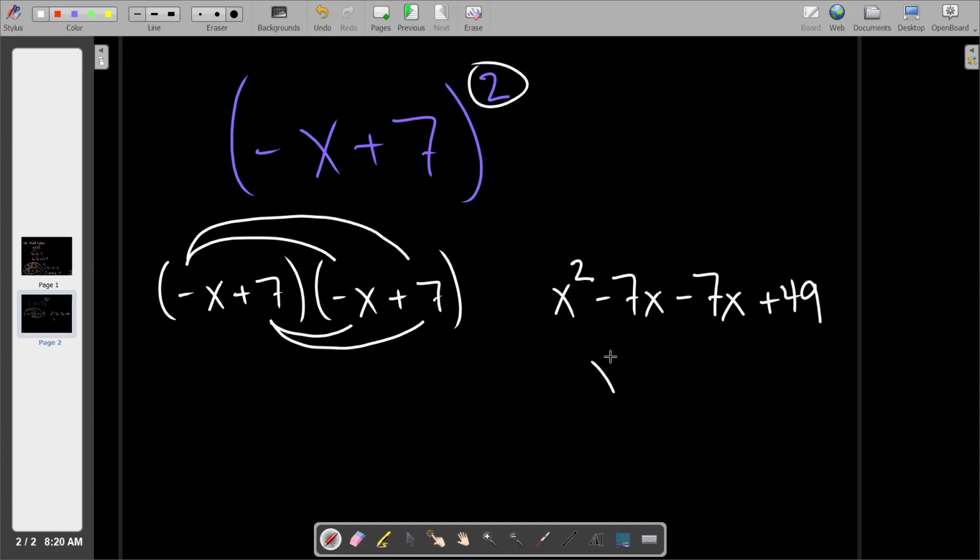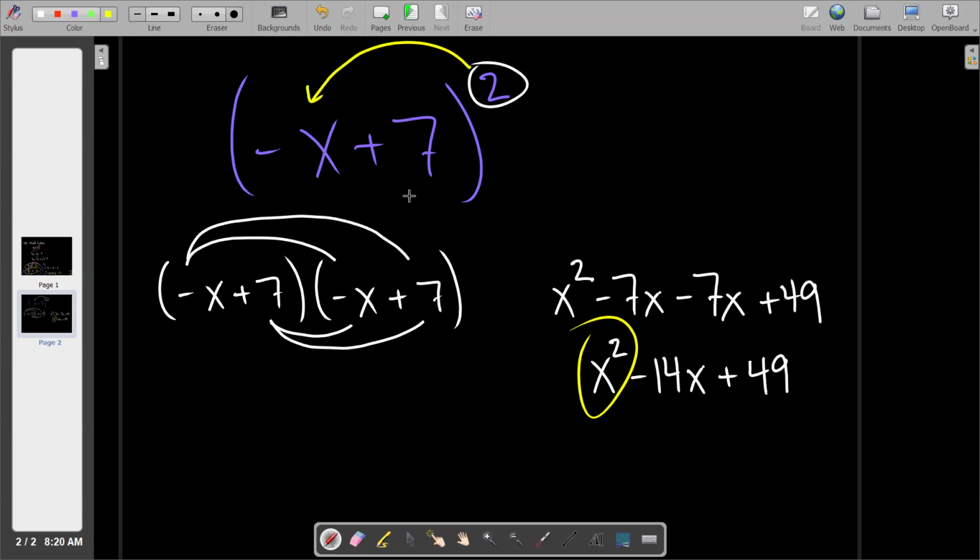So when I said to you that the answer was x squared minus 14x plus 49, there were some kind of confused looks like, what are you talking about? Everyone knows where the x squared comes from. You're like, well, duh, because you square that. Easy. And everybody knows where the 49 comes from because duh, you square 7. It's this mystery man in the middle. So I'll show you the shortcut way because you're going to be doing quite a bit of this.